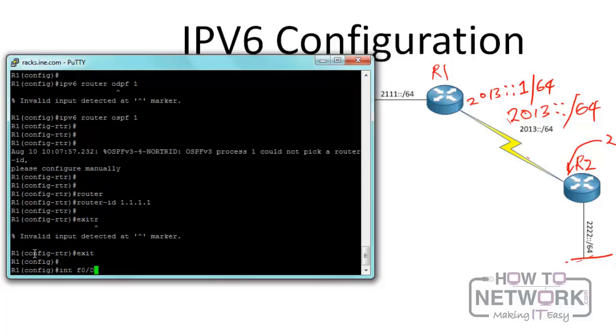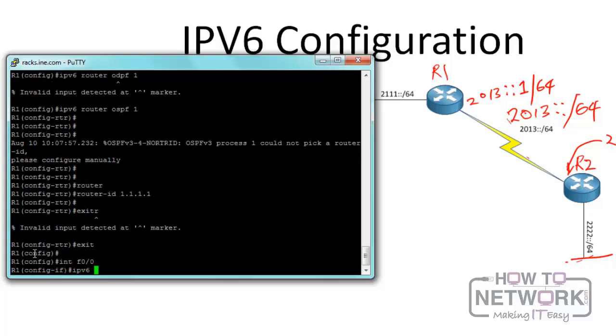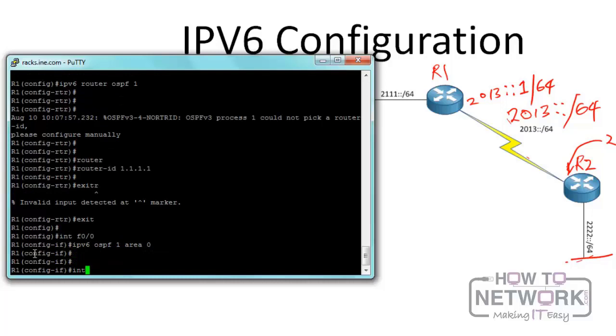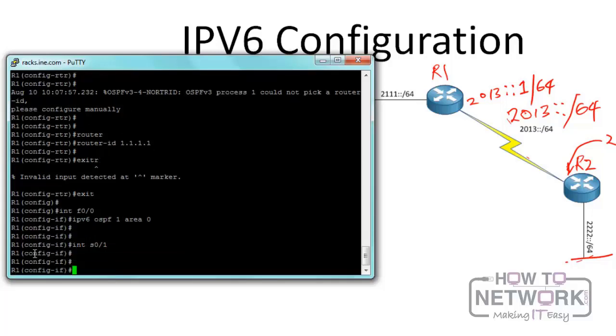So interface FastEthernet 0/0, we say IPv6 OSPF process 1, and it goes into area 0. And then we go into the serial interface, serial 0/1, and we say IPv6 OSPF 1 area 0.